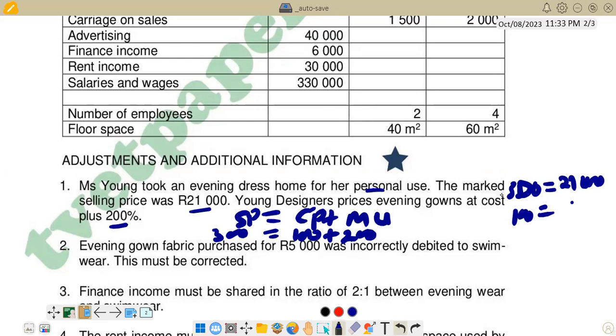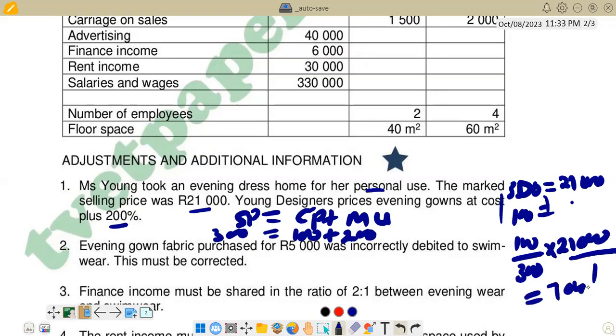The figure we want, 100, goes as the numerator, and the 300 for which we are given the value goes as the denominator. Then we multiply by the figure given, which is 21,000. If you do this, you get 7,000. This is the cost price of the goods that were taken.